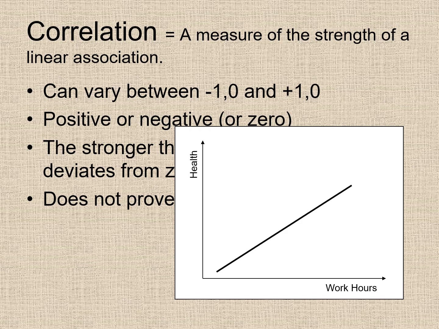Some people observed a positive association between how many hours people work and their health. And they argued that this indicates that the less people work, the worse health they will get. So they thought it was a causal effect of working hours on health.